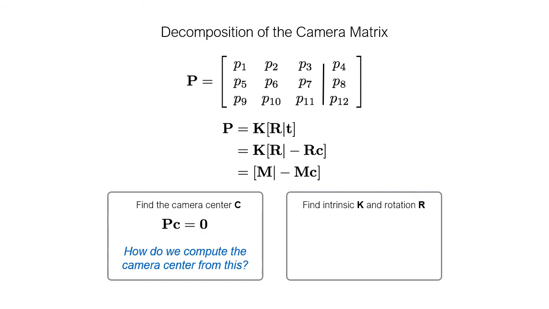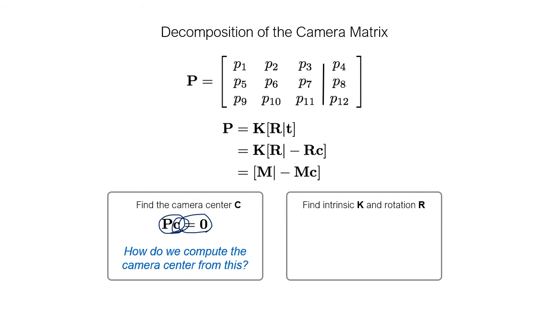Actually, P is a kind of mapping function for all points in 3D, and the origin is C. So C is the origin of this projection. So this PC should be equal to 0.